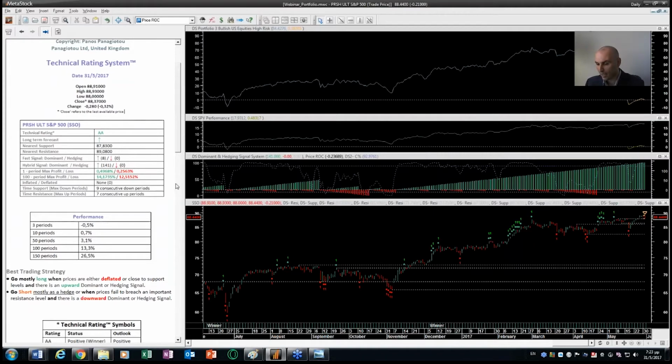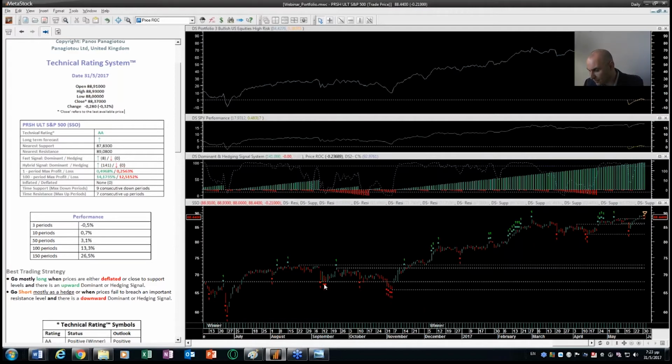And now, when we have an AA security, that means that it is most probable that large funds will keep it in their portfolios, and they will just make small adjustments. And these are the adjustments that they do, like here.